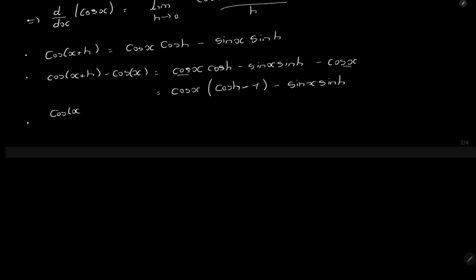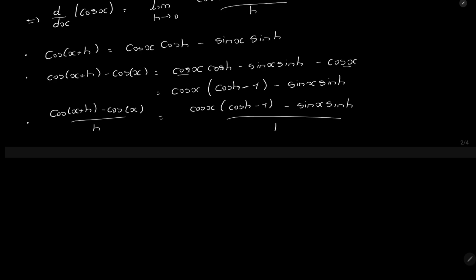Cos of x plus h minus cos x divided by h can then be written as cos x in bracket cos h minus 1, minus sine x sine h, all that divided by h. This then simplifies to cos x in bracket cos h minus 1 divided by h, minus sine x in bracket sine h divided by h.